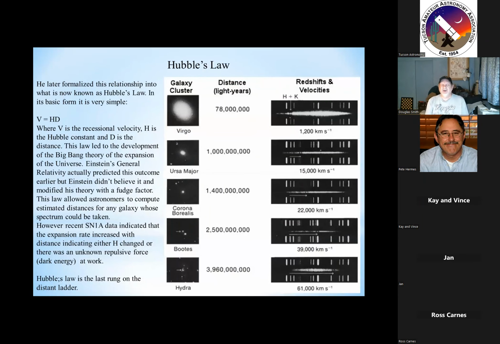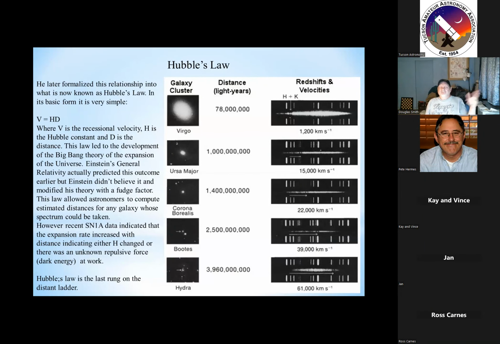And basically Hubble's law is actually very simple in its simplest form. It's just V equals HD, where V is the recessional velocity, how fast the object is moving away from us. H is the Hubble constant, and D is the distance. Very simple.